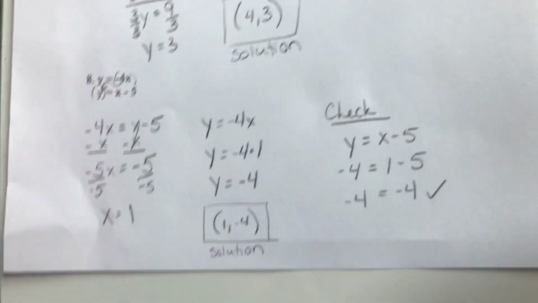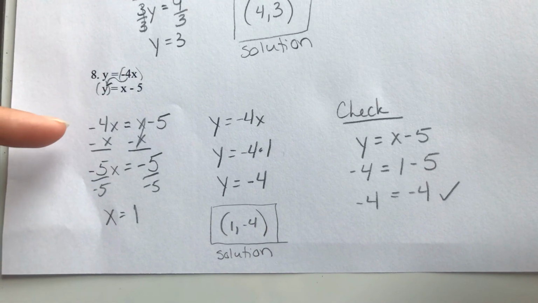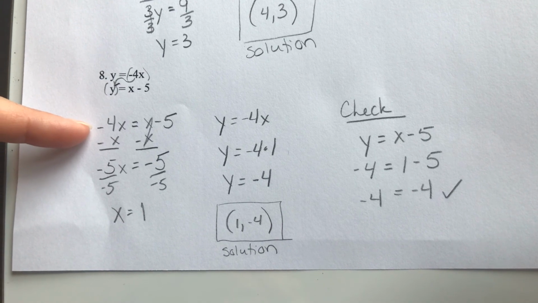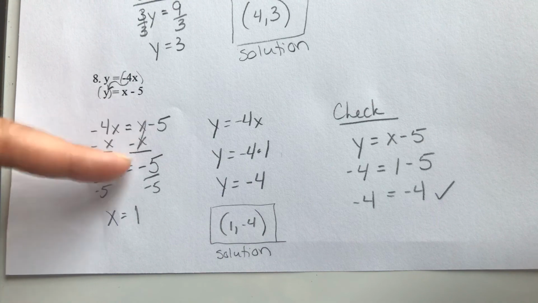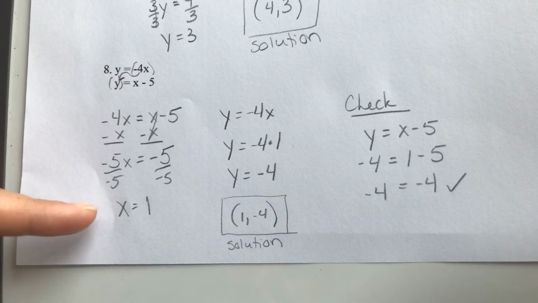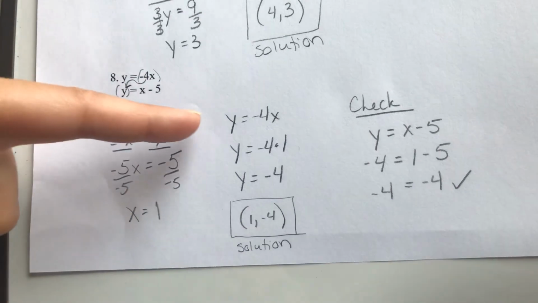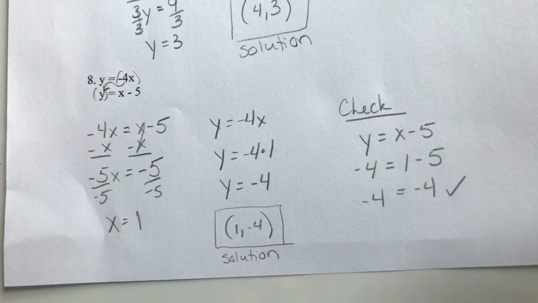All right, and 8. Okay, same thing. Substitution. This one I didn't have a choice. I had to move the x over here, subtract it. It may have been a little tricky. Found x equals 1, plugged it in, found my y, found my solution, and I checked it.